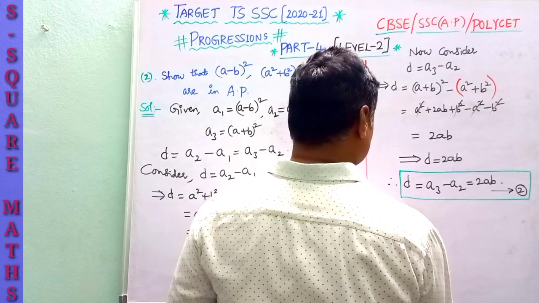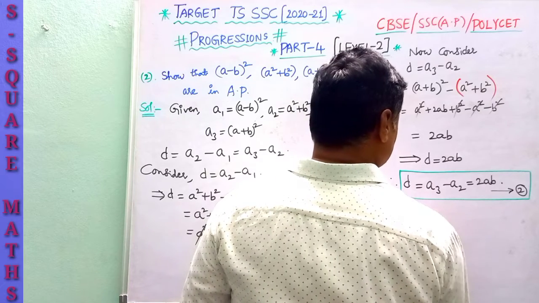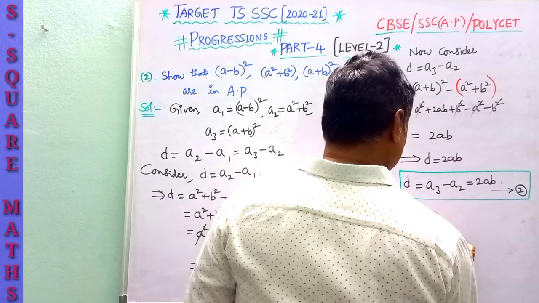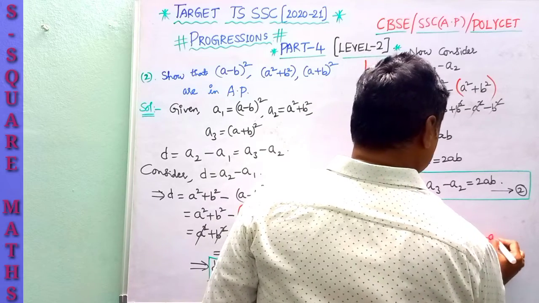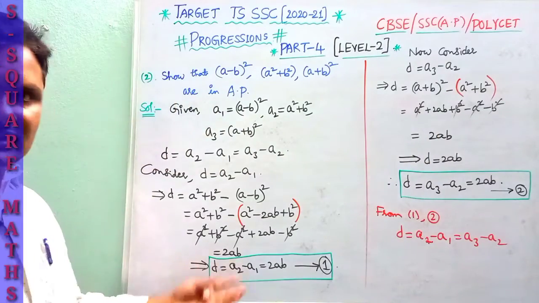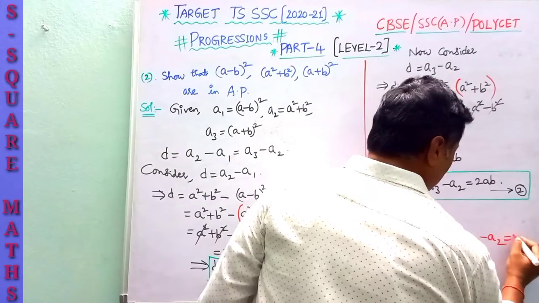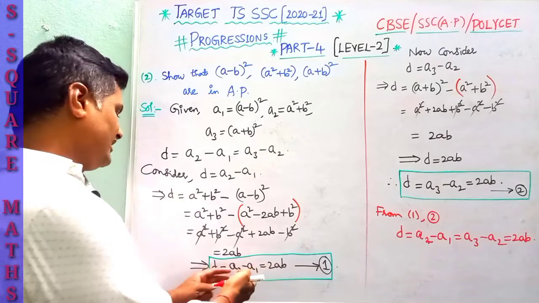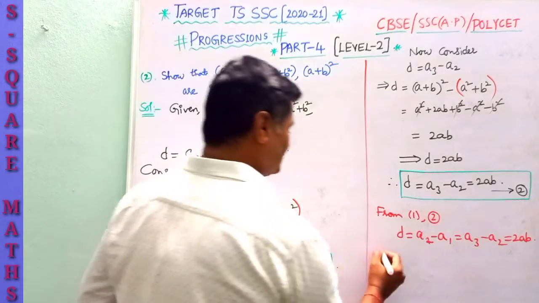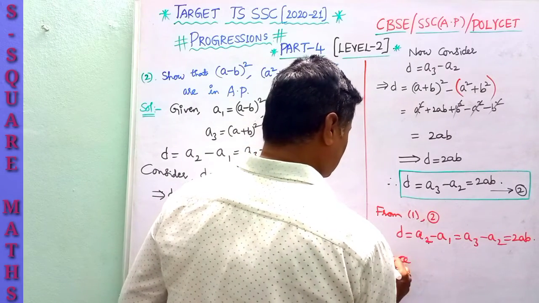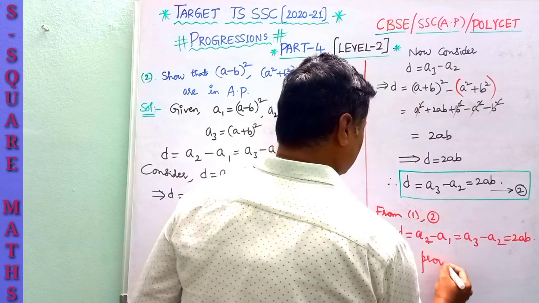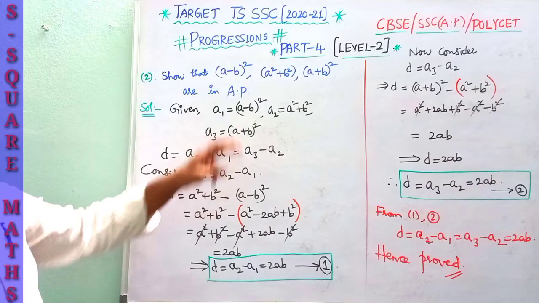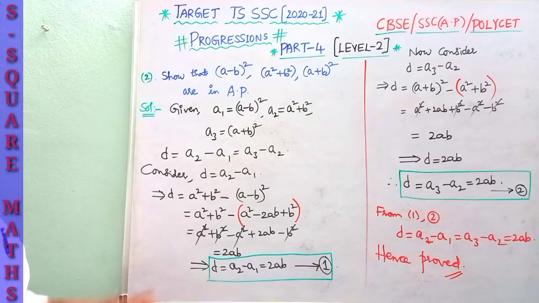From 1, 2, d is equal to a2 minus a1, which is also a3 minus a2, which is nothing but our same constant 2ab. Since a2 minus a1 is equal to a3 minus a2, hence proved our statement. Nothing but the three terms given, (a minus b) whole square, a square plus b square and (a plus b) whole square, are in AP.